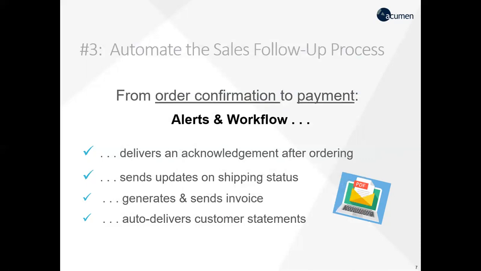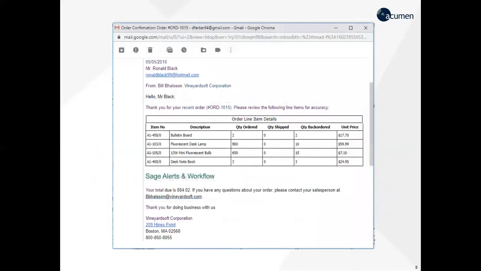But then Alerts and Workflow goes beyond that to automatically generate and deliver your standard forms and documents like invoices and customer statements. If it's currently someone's job to manually create these documents, these invoices, these statements, if you're currently still taking those and printing them out, stuffing them into envelopes and sending them via snail mail to your customers, certainly consider automating this process and using Sage Alerts and Workflow to do so.